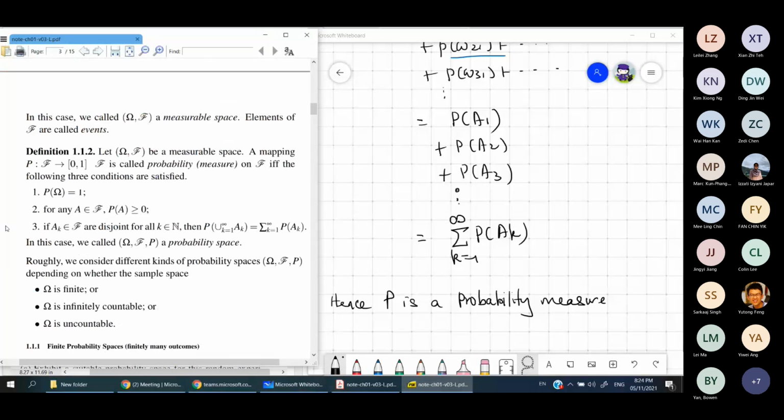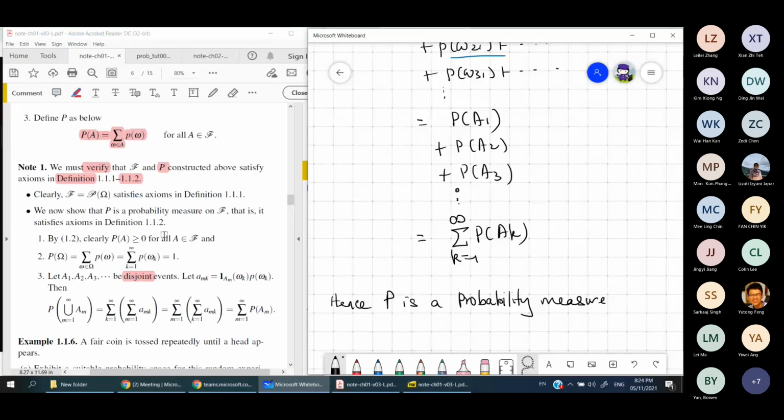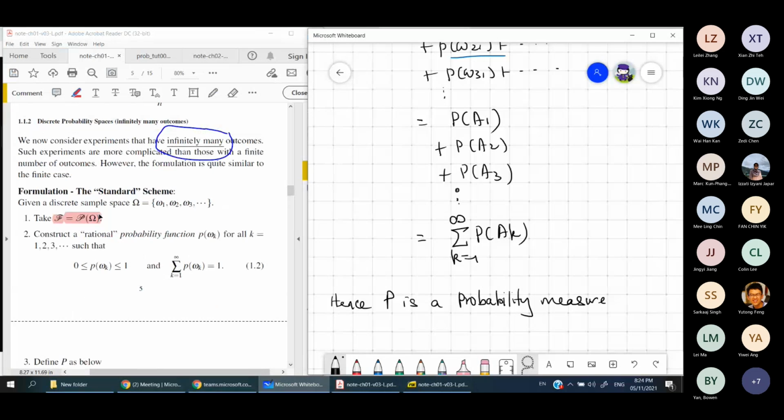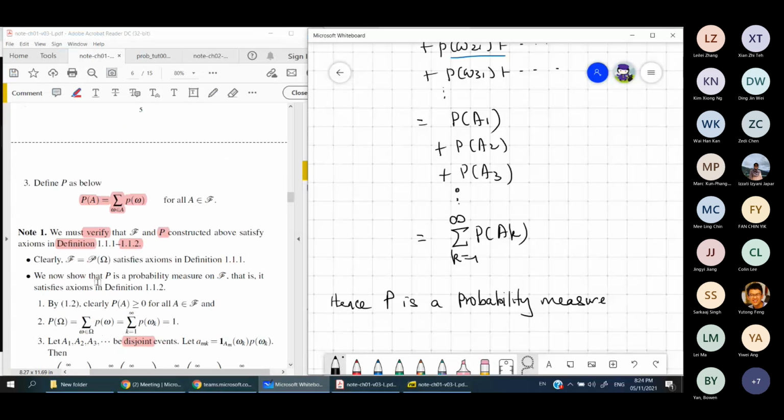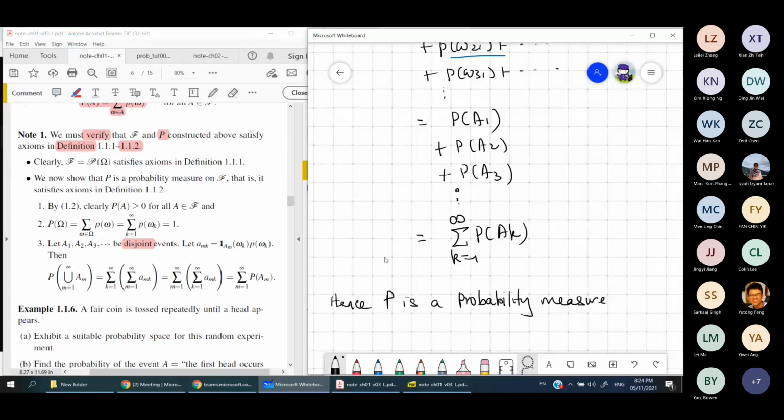Okay, before we can conclude this thing is a probability space. So that's the reason why I can say that by using this method, we can construct a probability space. This F must be a sigma field. This P must be a probability measure. Okay, so this is okay.